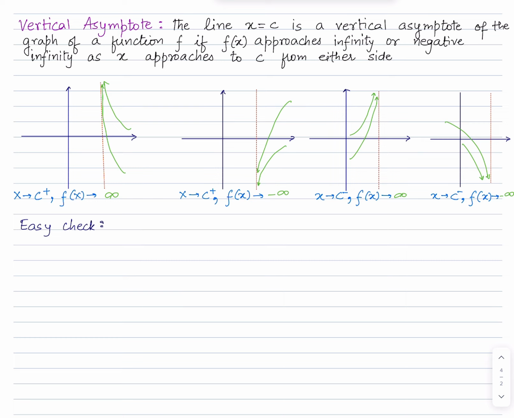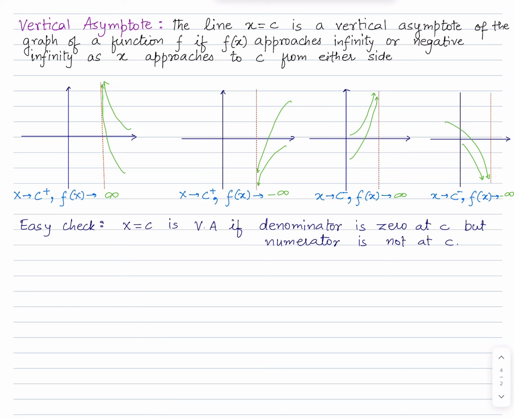We will say the line x equals c is a vertical asymptote if the denominator, or your bottom, is 0 at c but the numerator is not 0 at c.